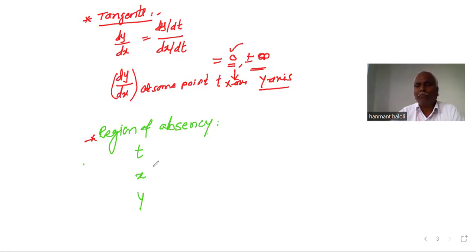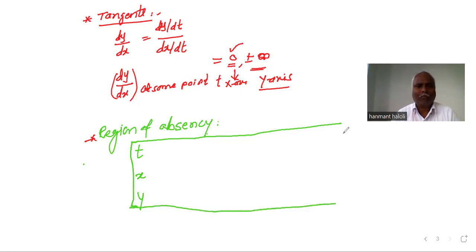Then you can construct a table which contains t, x and y. Now this is a very important concept here, constructing table of t, x and y.